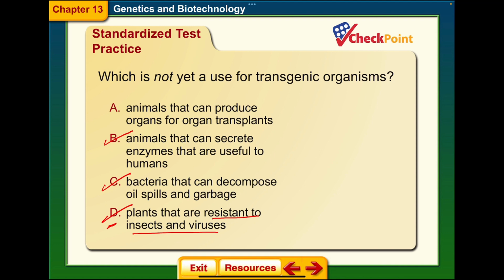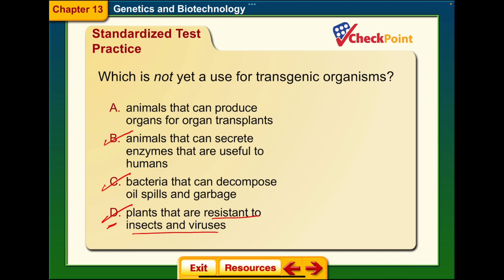And you can look back at those examples in page 78 when we talked about transgenic animals, and you can look at, for example, how transgenic livestock have been produced to improve the food supply for the human health. So that they secrete some enzymes that are useful to humans.